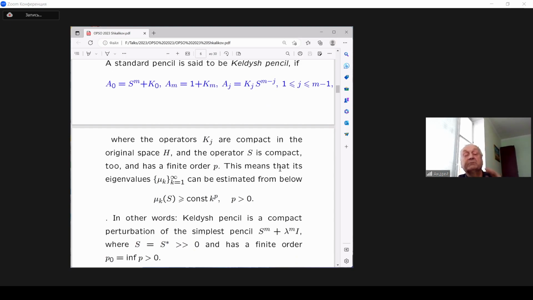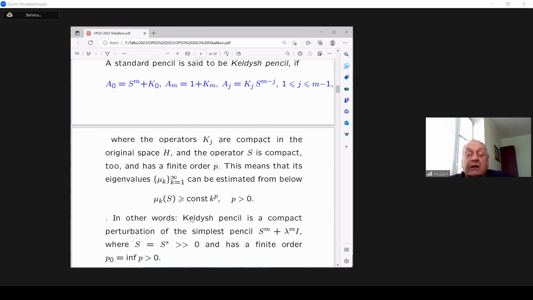Further, I assume that K(S) is a finite order operator. It means that the eigenvalues of S admit estimates from below of this type with some p greater than 0. The larger p is, the better.